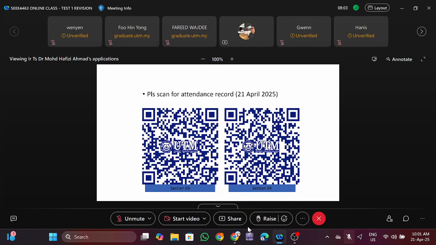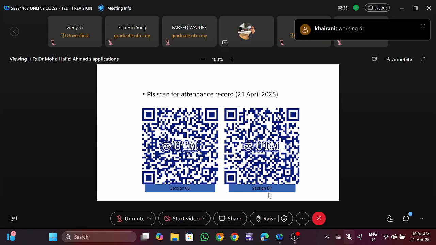So, are these two QR codes working or not? It's working, eh? Is someone? All right.